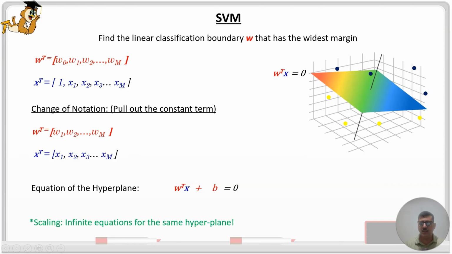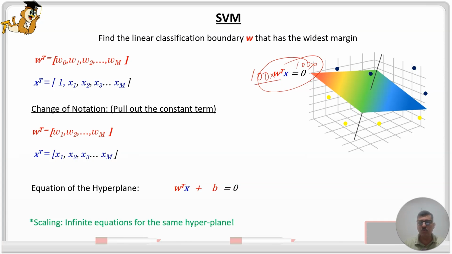Now, one thing that you of course know is that this equation of the hyperplane, or even this one here, can be scaled, right? You could multiply both sides by any constant, and that would still be the equation of the same plane.